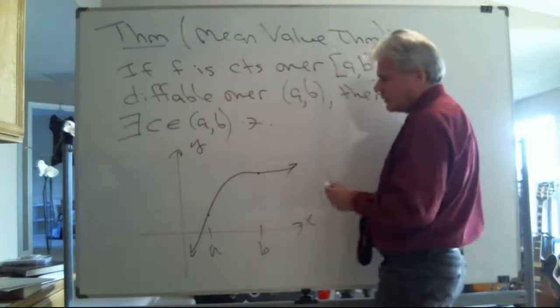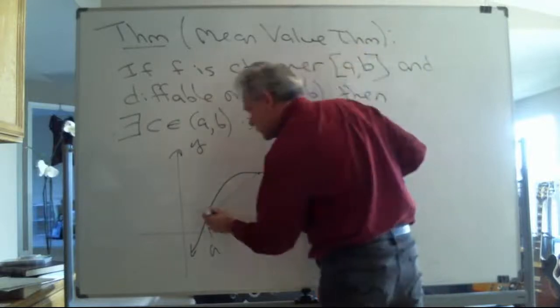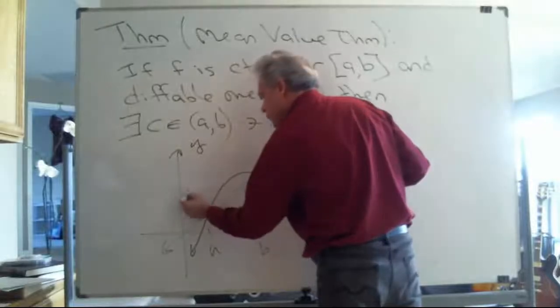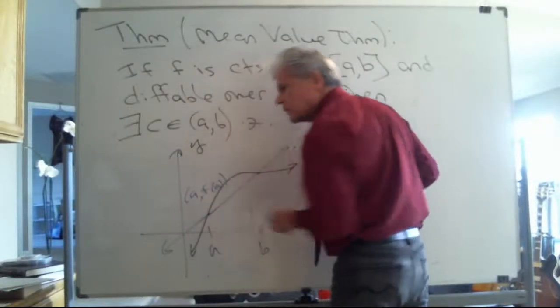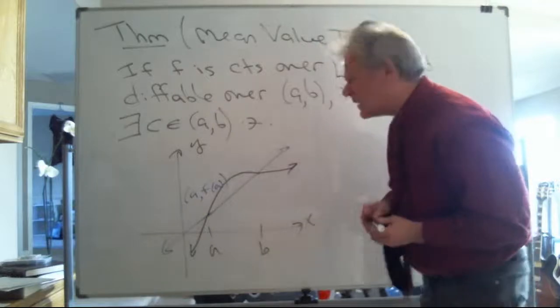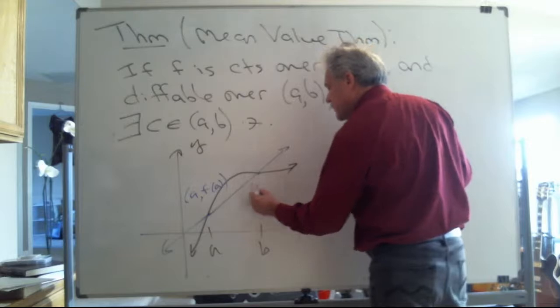There is indeed a secant line passed through this point right here in blue. If you can read it, that says a comma f of a. Here's another point on the graph of f, b comma f of b.